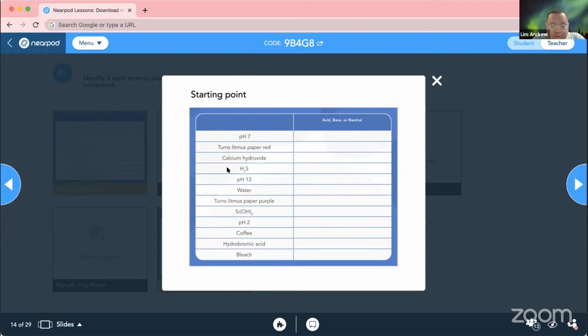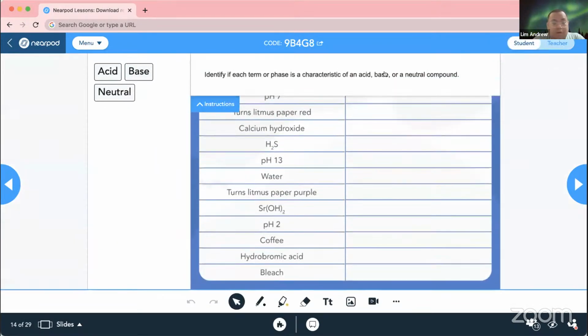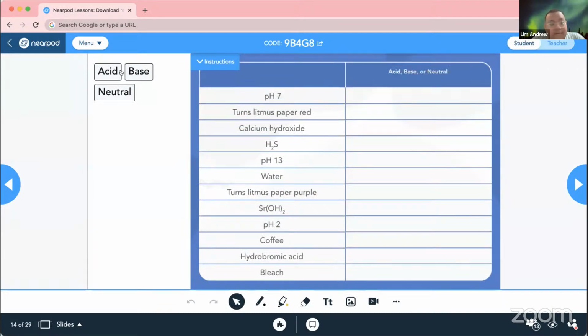You have to drag and drop the words acid, base, or neutral in the comment below. For example, pH 7 is actually neutral, so I drag here and put neutral.